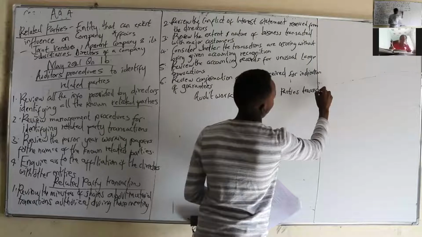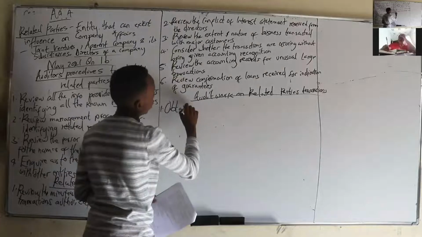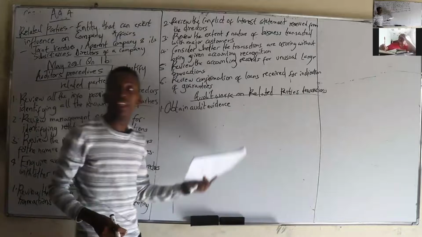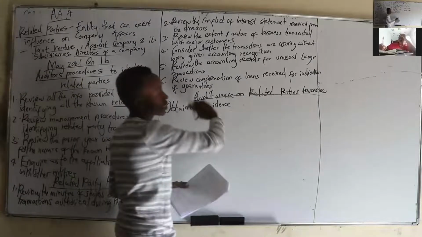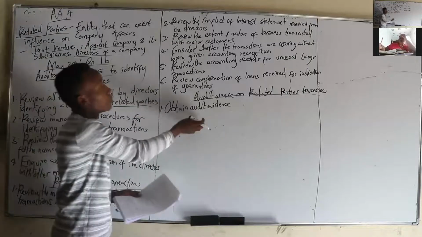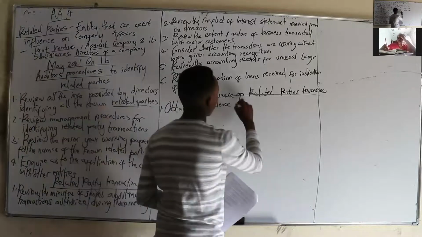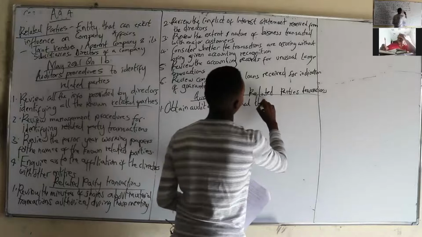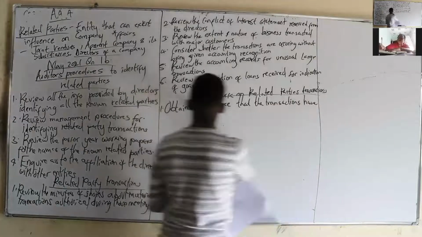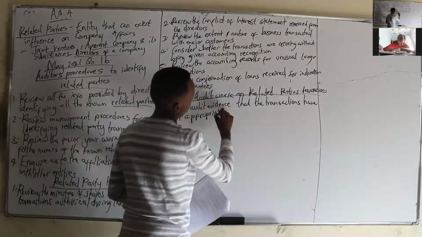Now that you have identified these related party transactions, one, you will obtain audit evidence, and audit evidence is said to be all the facts and information that the auditor considers necessary for the basis of an opinion. So you'll obtain audit evidence that the transactions have been appropriately recognized.